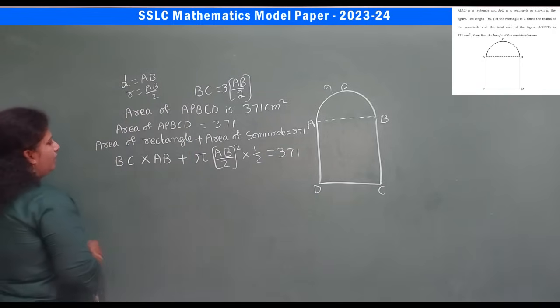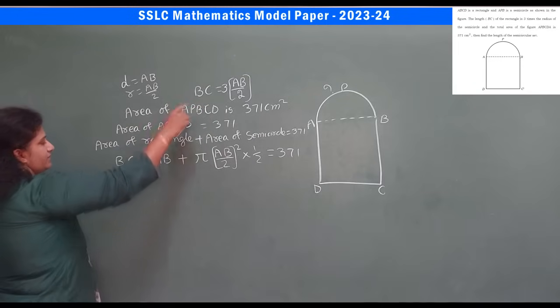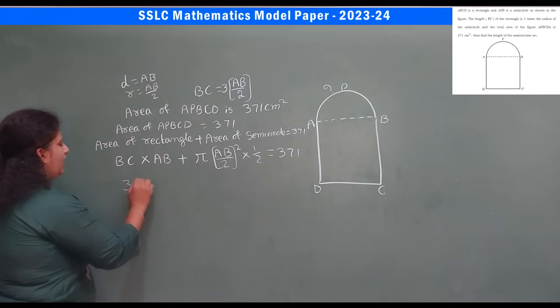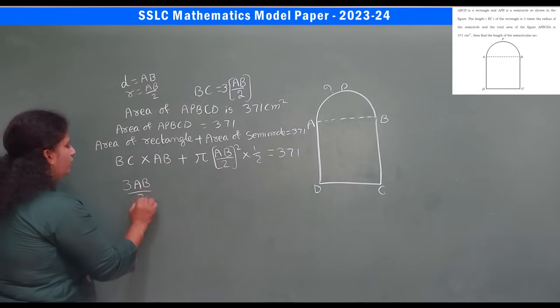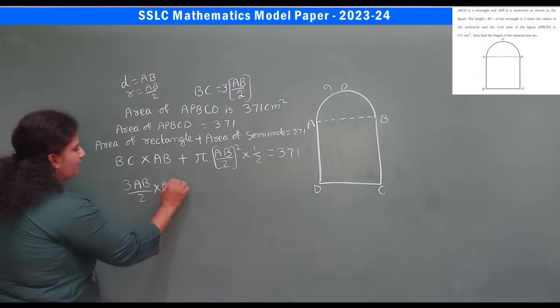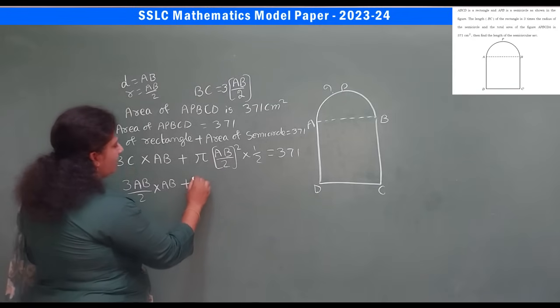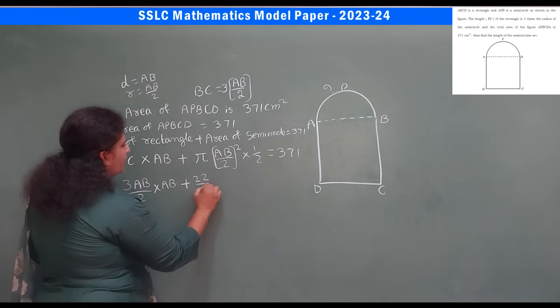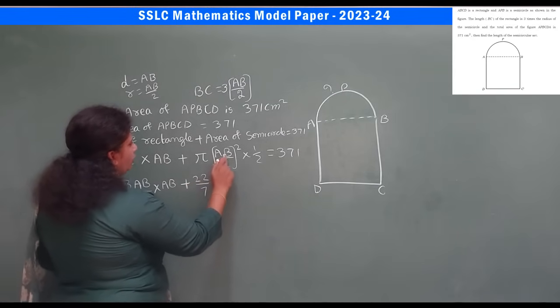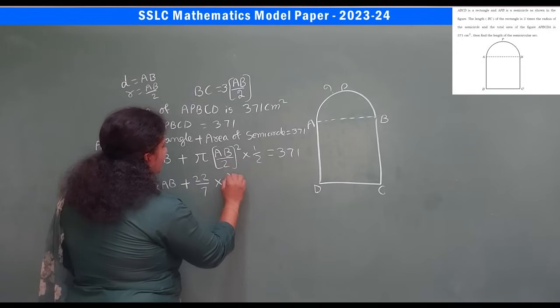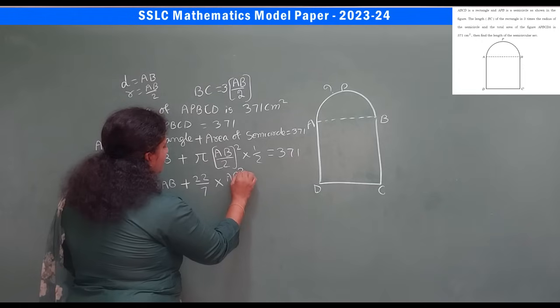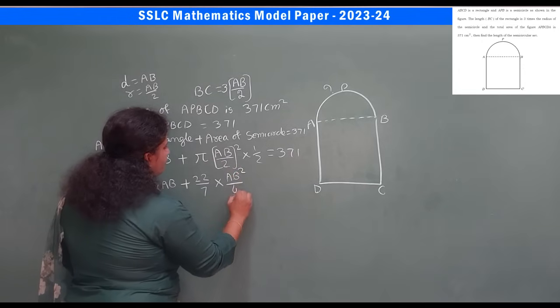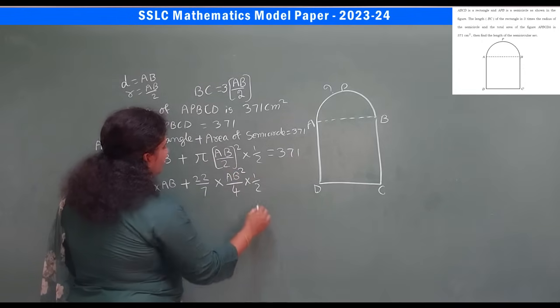Now BC value is given as 3 AB by 2, into AB, plus pi value 22 by 7 into AB by 2 whole square, AB square by 4, into 1 by 2.